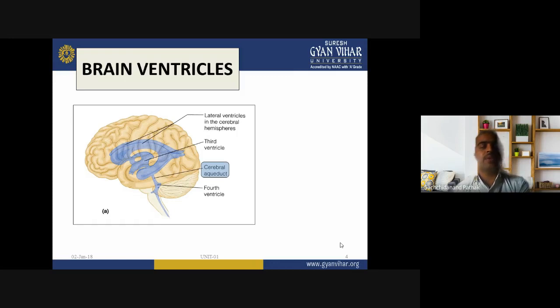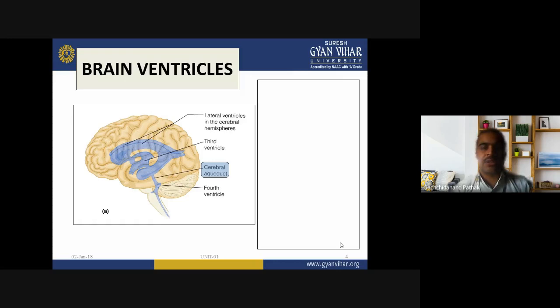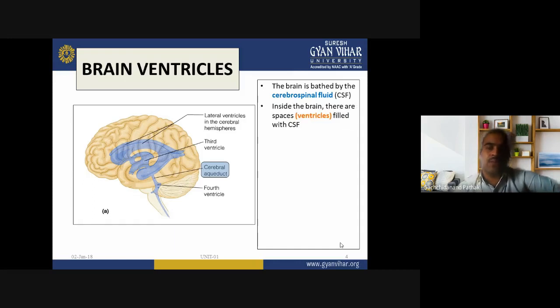If we start with the brain ventricles, you can see in the images there is a lateral ventricle, the central ventricle in the cerebral hemispheres, the third ventricle, the cerebral aqueduct, and the fourth ventricle. Now we know the brain is bathed by cerebrospinal fluid, and inside the brain there are spaces that are filled with the CSF.